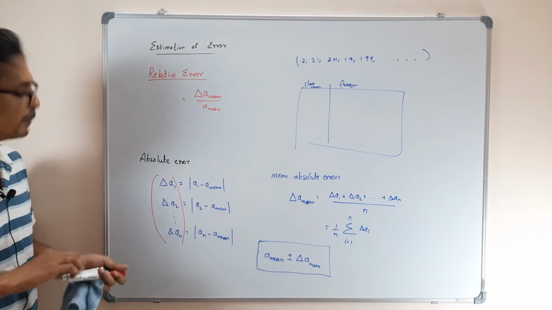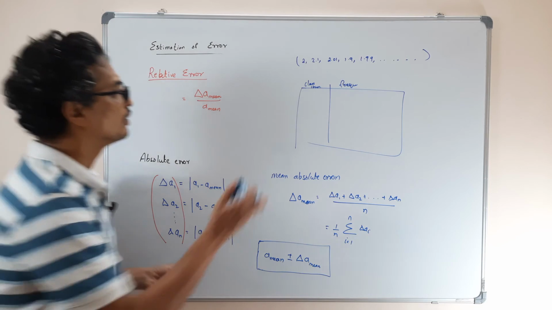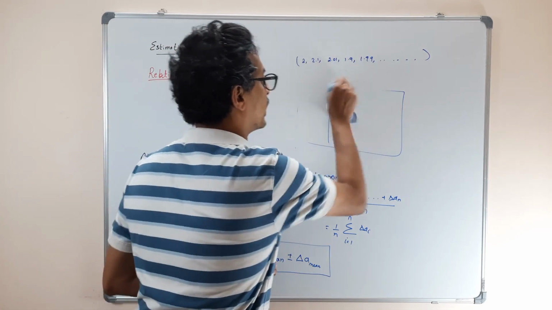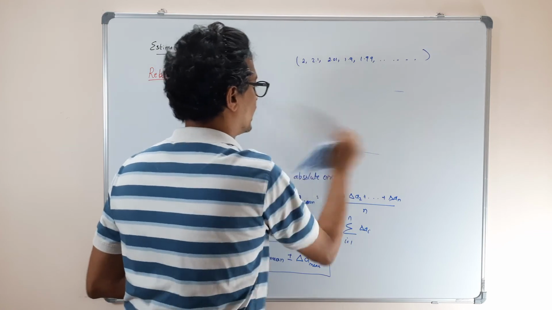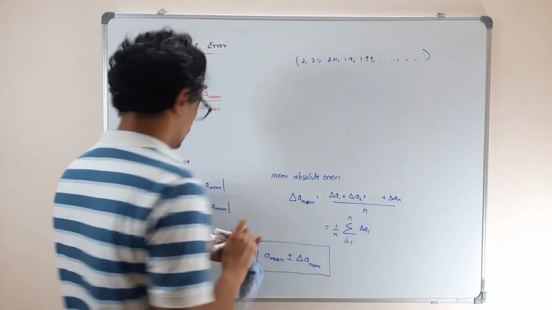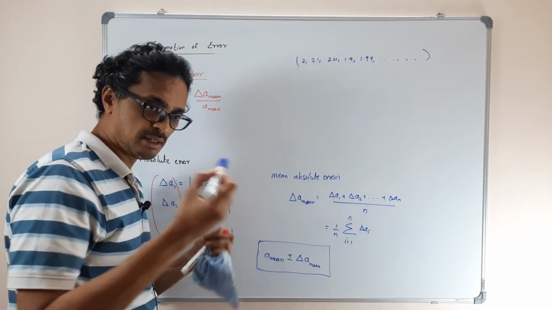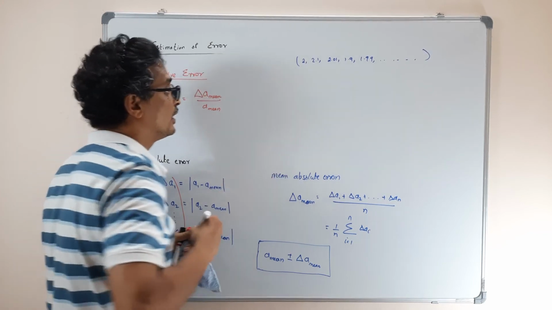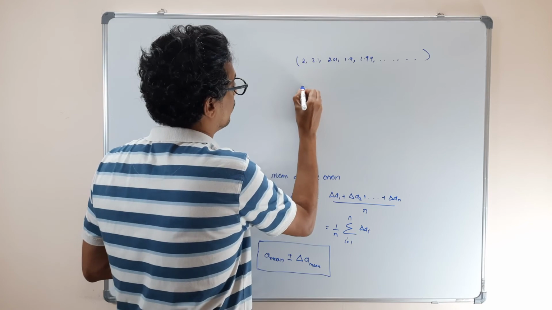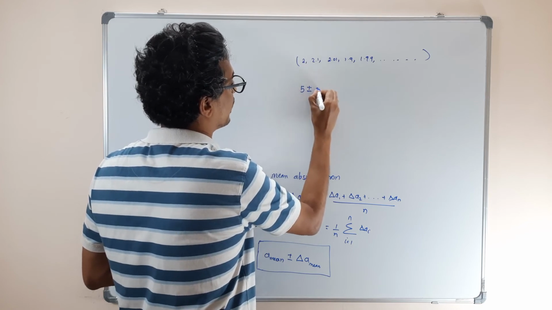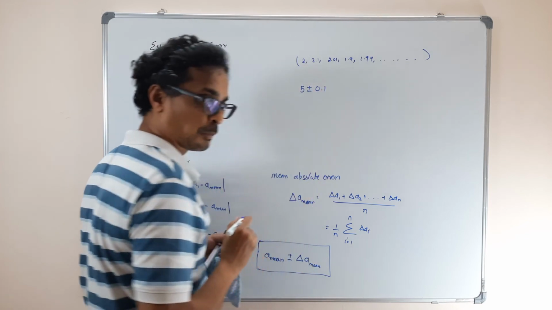This is going to give me the measure of relative error. Suppose there are two experimenters, experimenter 1 and experimenter 2. Experimenter 1 gave me an answer for a certain experiment, the current, say 5 plus or minus 0.1.